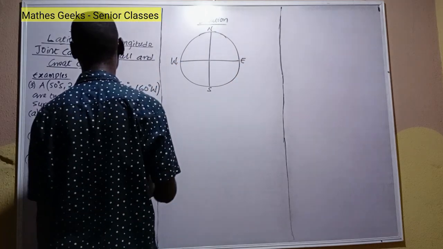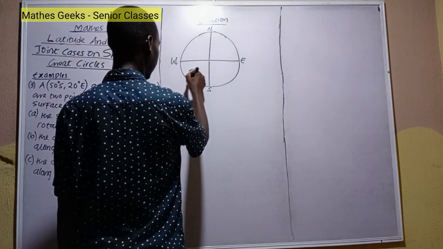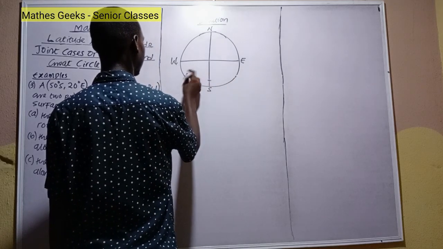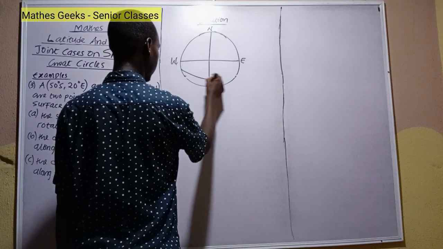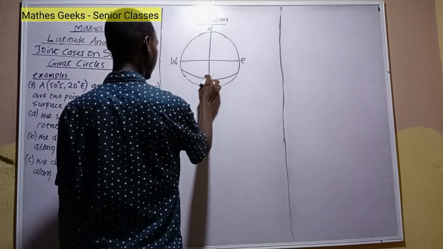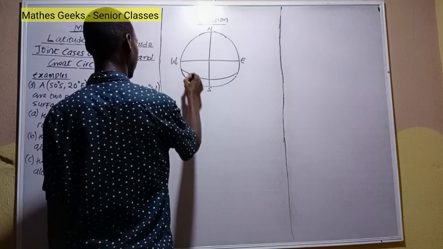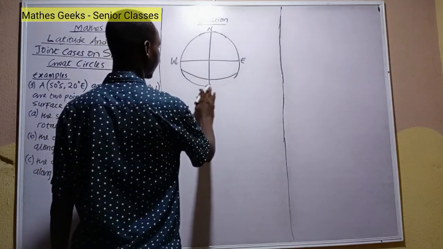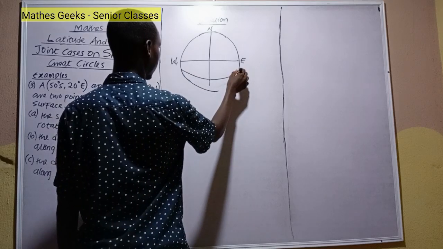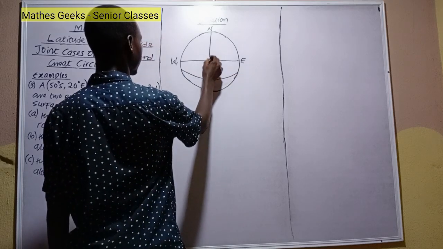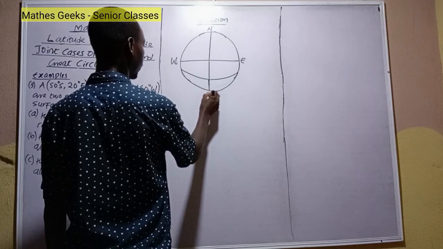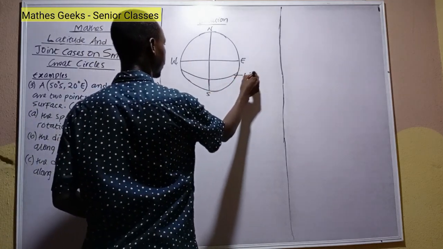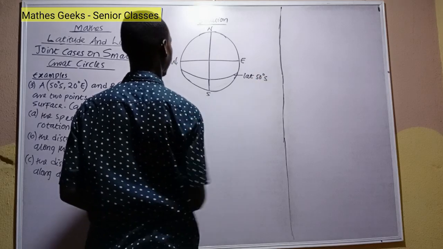So point A, 50 degrees south. Okay, 50 degrees south. So this is latitude 50 degrees south.